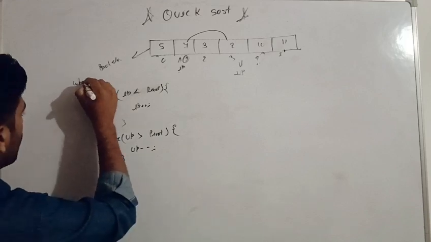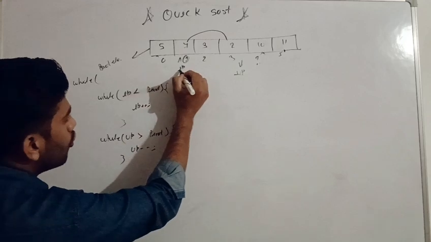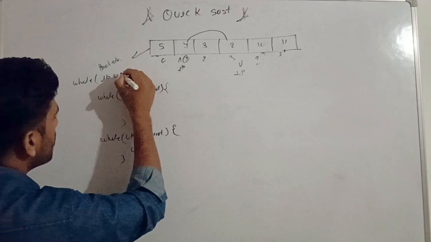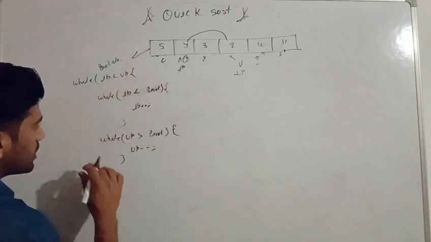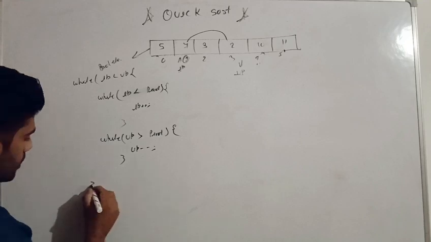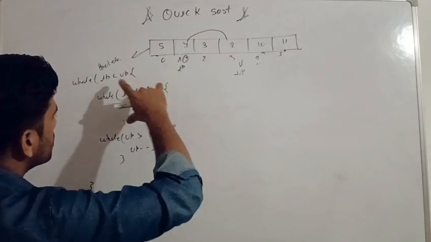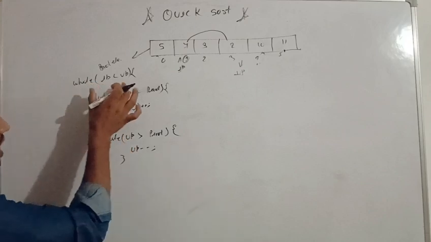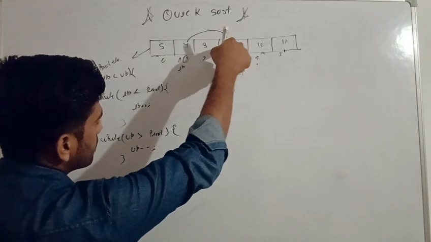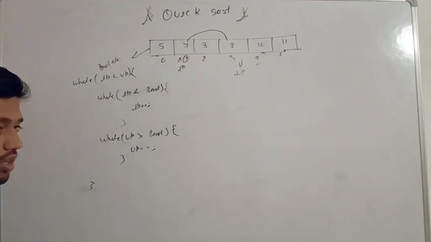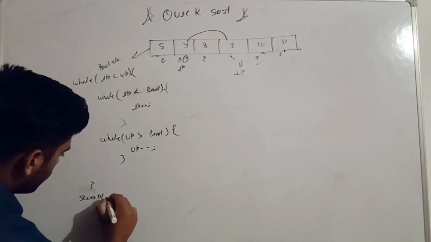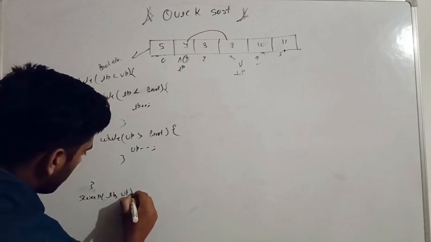That time, while lower bound is less than the upper bound, means until lower bound crosses upper bound, this function should be working. Okay, when both conditions are satisfied and this while loop condition is satisfied, then what do we have to do? We have to swap the lower bound and upper bound. Okay, now swap lower bound and upper bound.